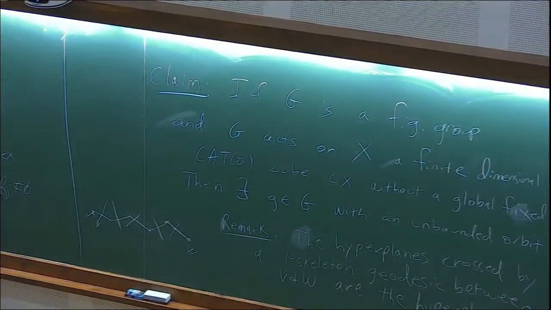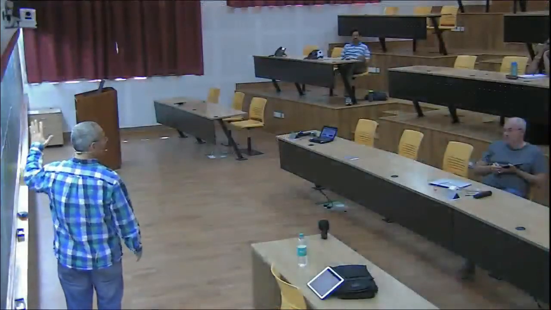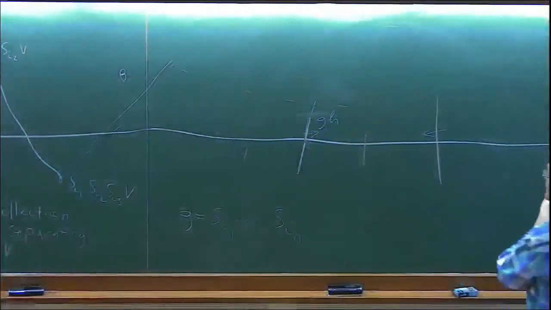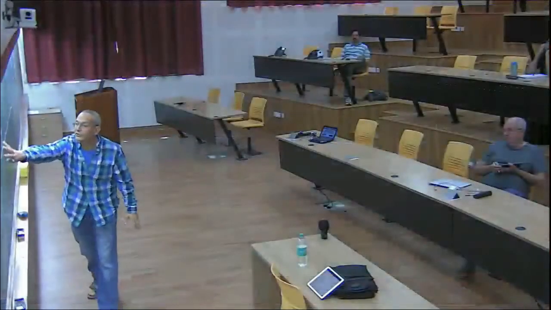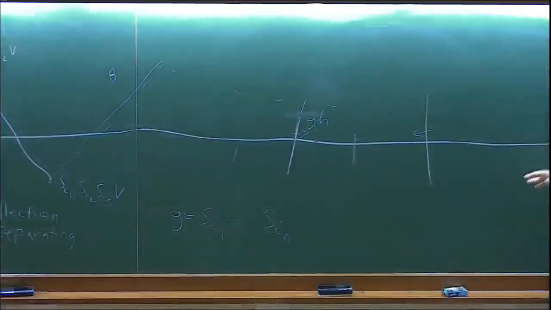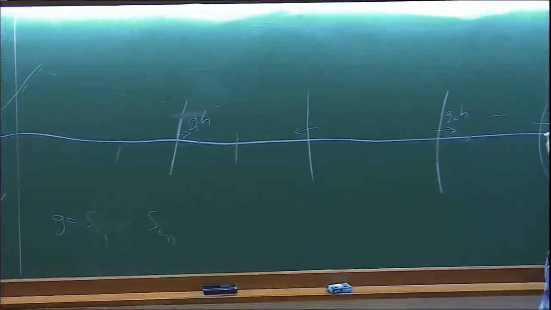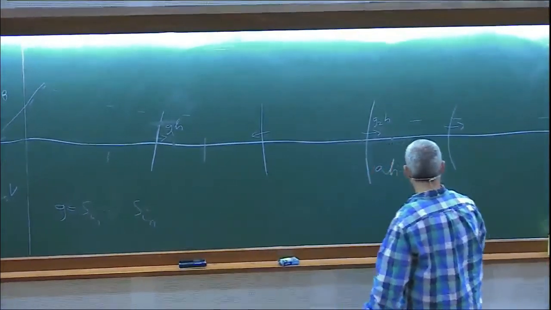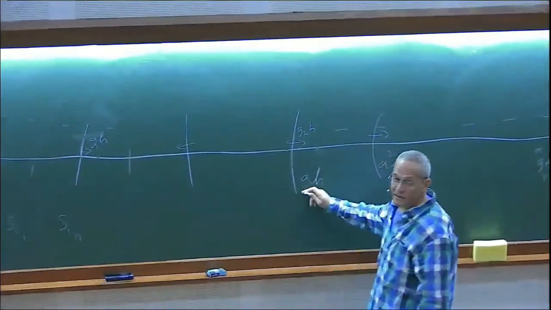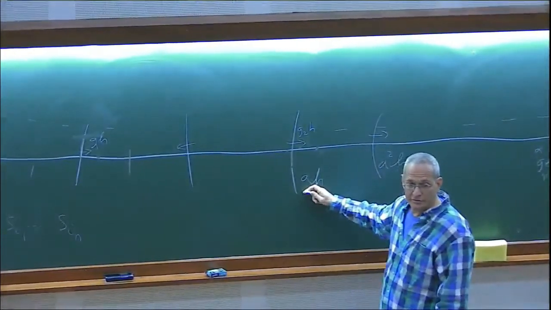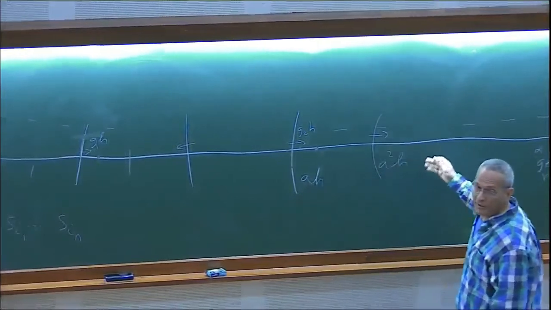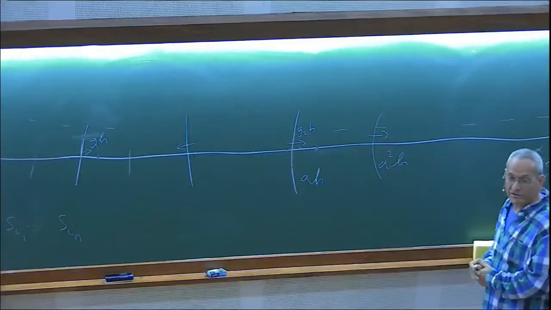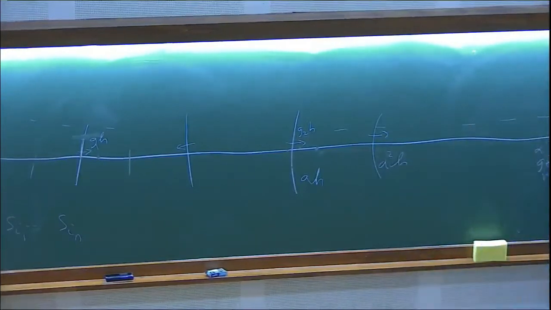If you have 2 half spaces that are nested, one inside the other, and a group element carrying this half space into itself, say AH, then the power works too: A to the n of H has to live inside A to the n minus 1 of H.